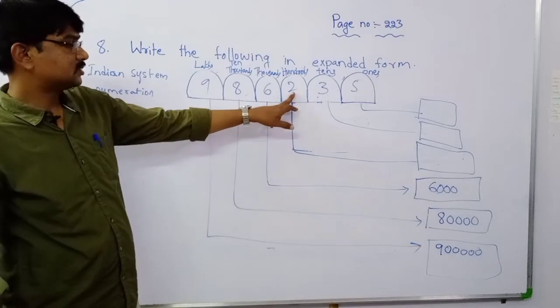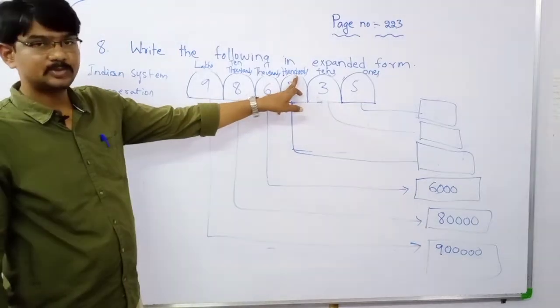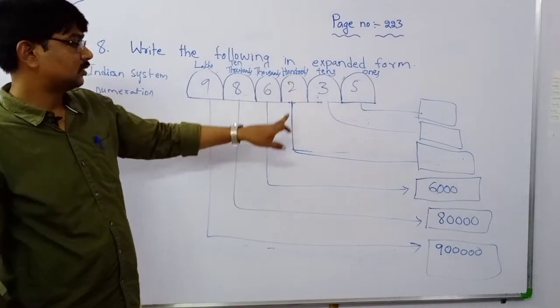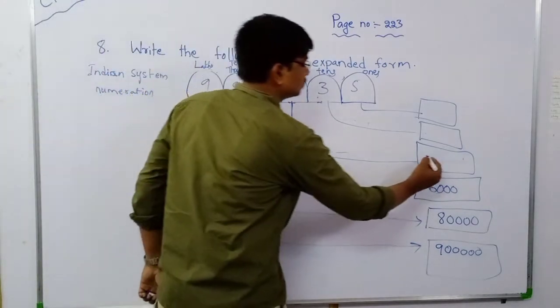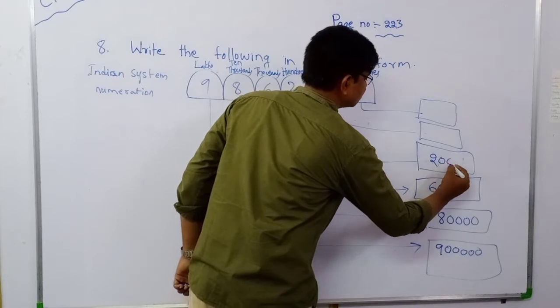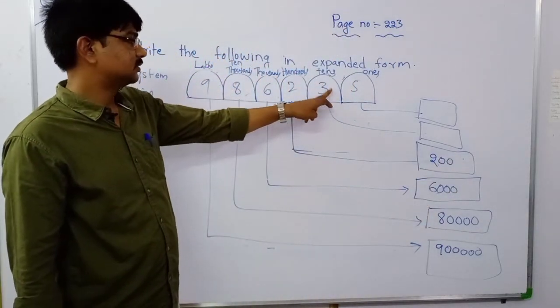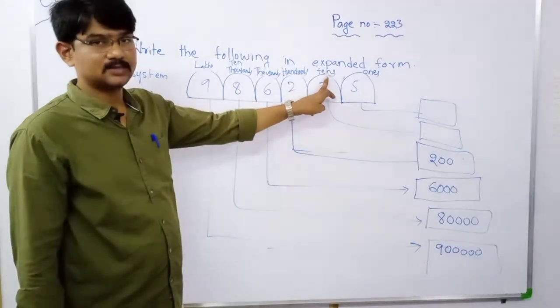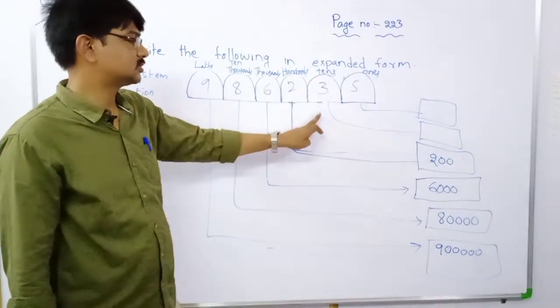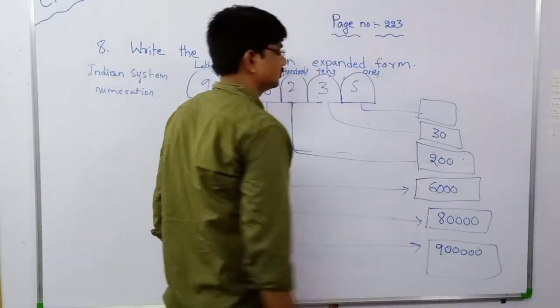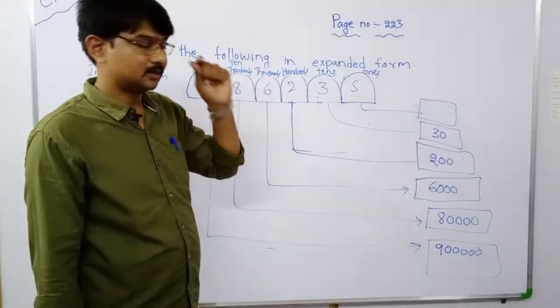Next 2 at which place? Hundreds place. 200. Next 3 at tens place. So 3 tens, 30.